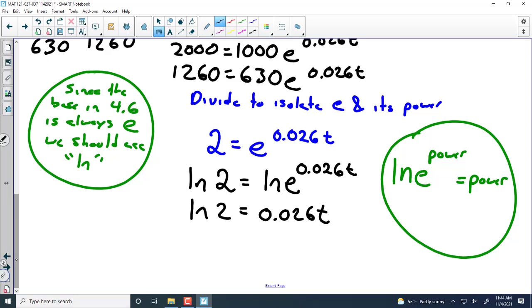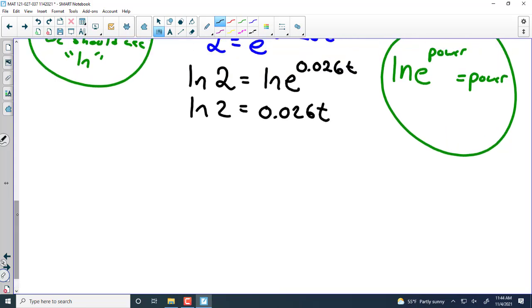How do we solve for t? What do we do? Multiply by 100. We don't have to do that. What would be a little faster? Since we're going to reach for the calculator eventually anyway, we might as well just divide by that decimal. I understand what you're saying to get rid of the decimals, but since this is our last step anyway, we don't really need to do that.